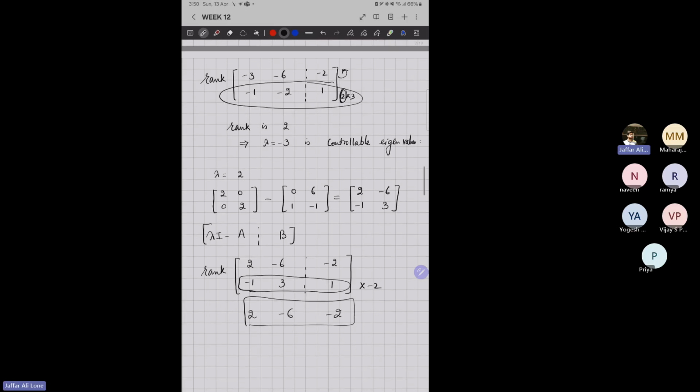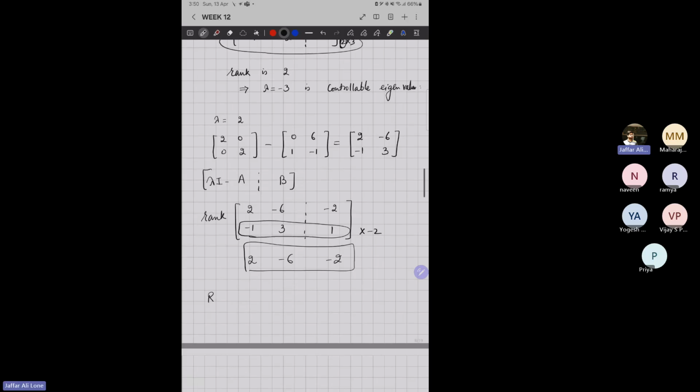Look here. How do we check rank? For rank, we see the number of linearly independent rows or columns. So in this case, let's focus on rows. If I have to check the rank of a matrix, I will look for the number of linearly independent rows.